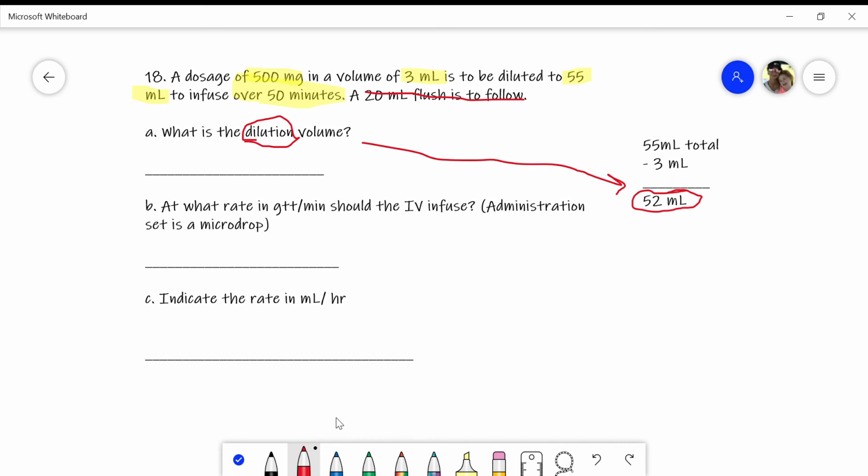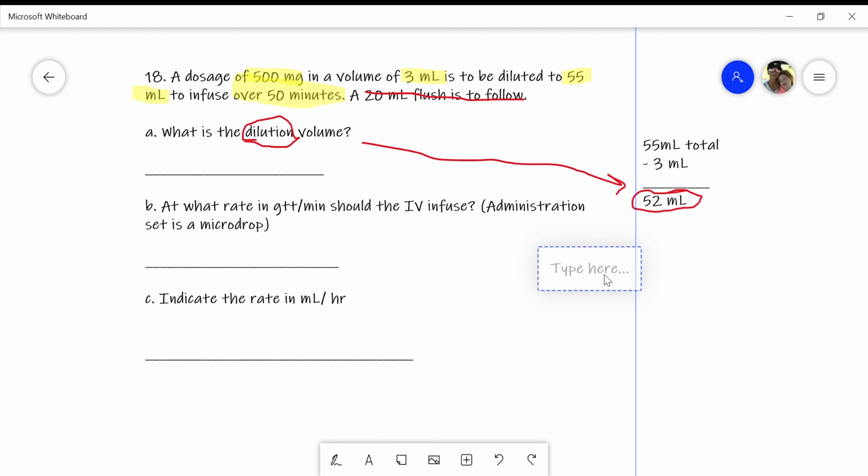And then at what rate in GTT a minute should the IV infuse? So if we've got 55 milliliters total, we're going to multiply it by 60 GTT a minute, which again, I kind of teach myself backwards. So the micro drop is 1 GTT a second.